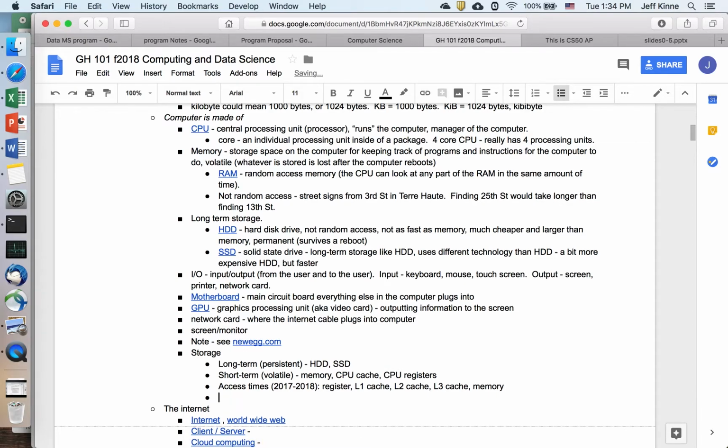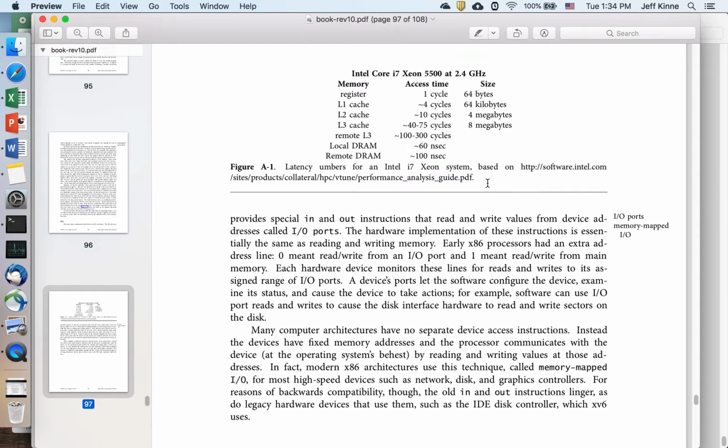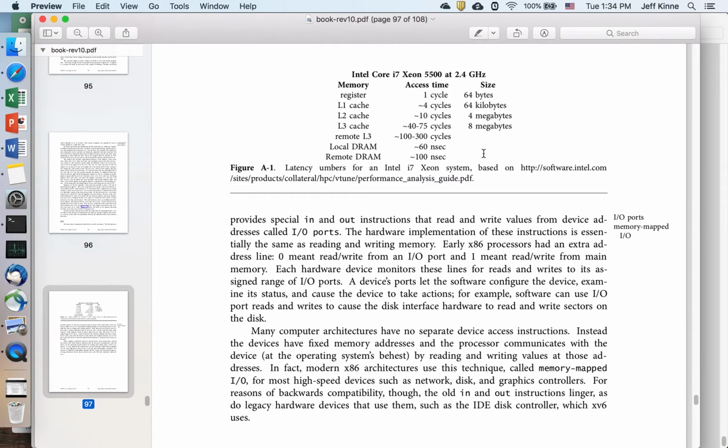Size, vintage 2017 to 2018: register, L1 cache, L2 cache, L3 cache, and memory. All right, memory we already know is in gigabytes. They don't have that in here, but all right.